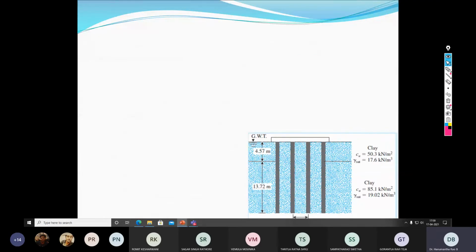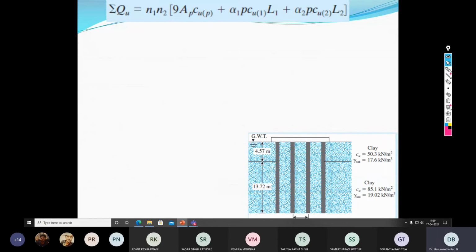So this is the given geometry of the pile. First, this is the equation for a pile group embedded in clay soil. I am taking this as individual piles. The pile group capacity is considered as the summation of the capacities of n individual piles: n1 number of piles in the length direction LG and n2 number of piles in the width direction.